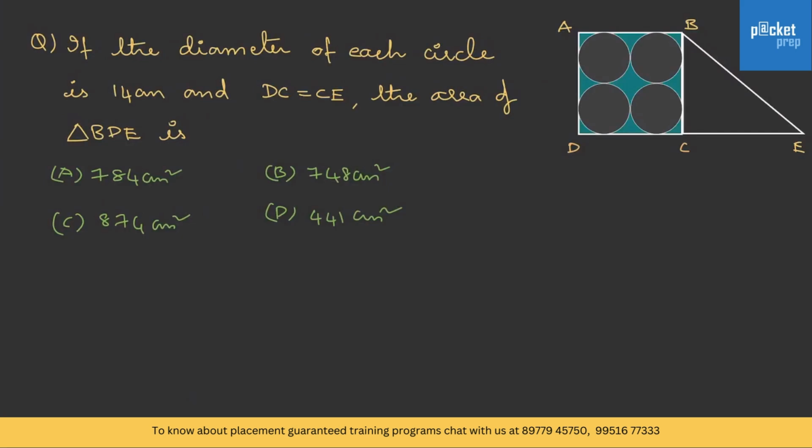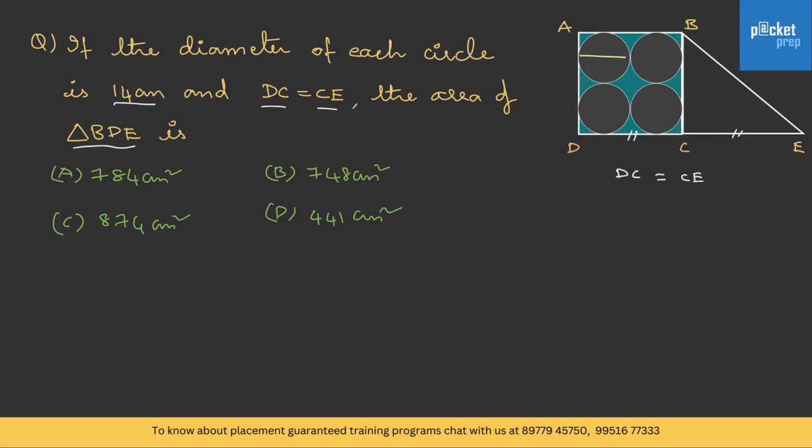If the diameter of each circle is 14 centimeter and DC equals CE, the area of triangle BDE is. So here they have given DC equals CE. That means this part is equal to this part. Apart from that, they have given the diameter of the circle.